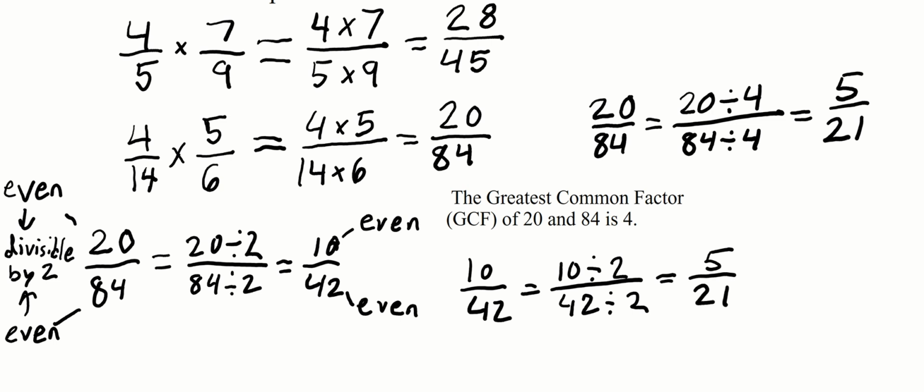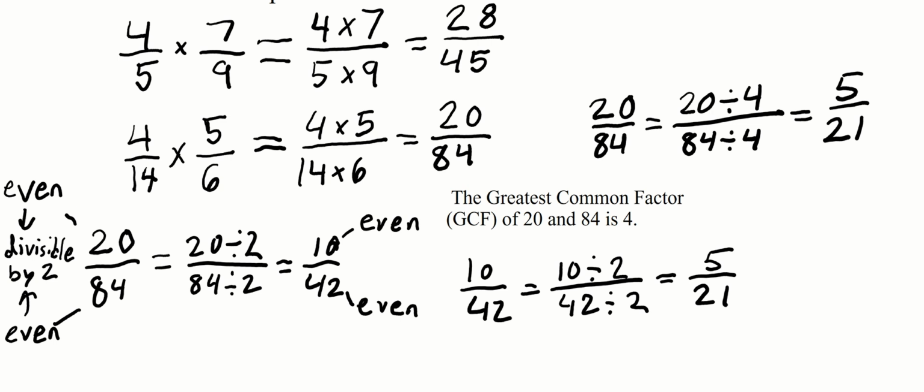It may not always be easy or convenient or fast to find the greatest common factor of your numerator and denominator in a fraction. So you can use other common factors to simplify.